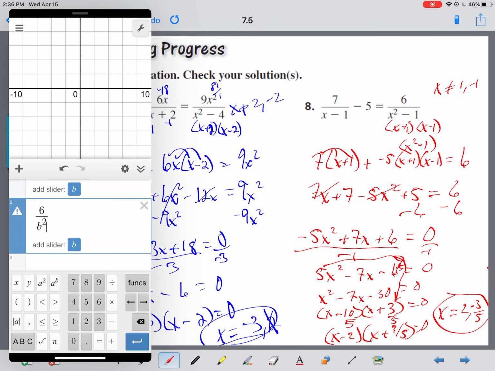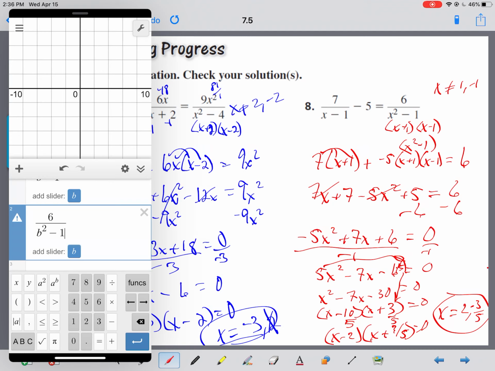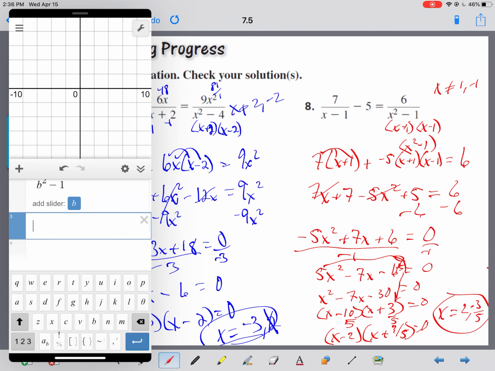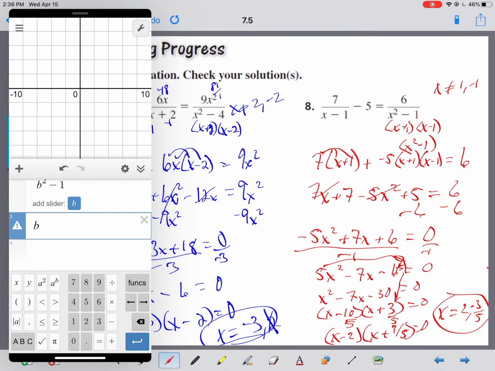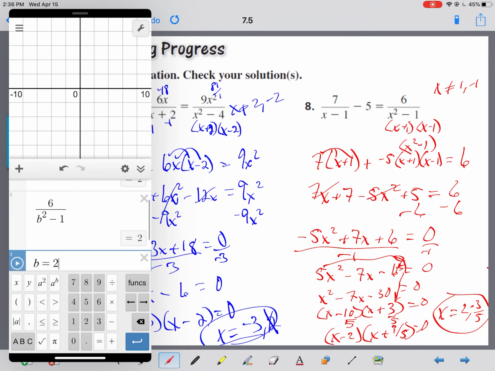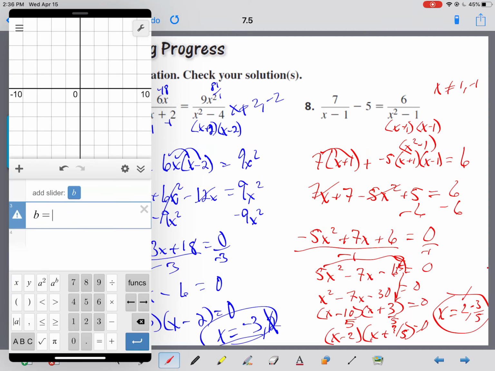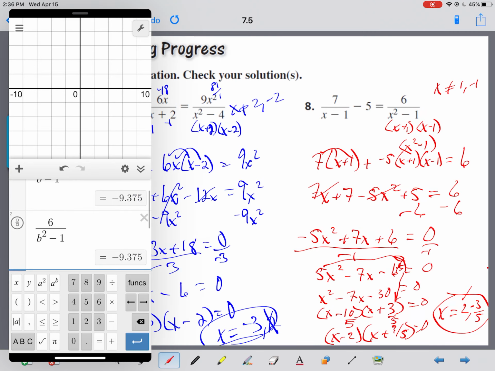Okay, and then I'm going to do the other side, 6 divided by b squared minus 1, and it says add a slider for b. I'm just going to say b equals 2. They both come out to 2, so 2 works.